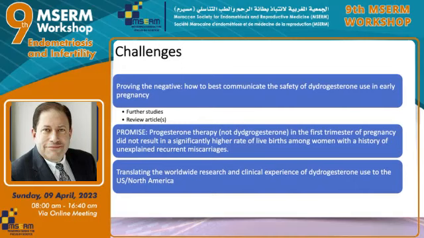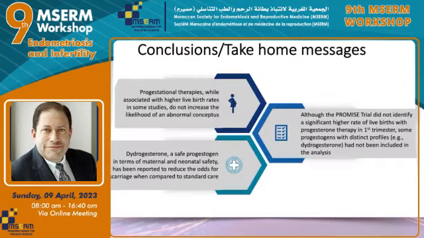And again, the important issue here is that while the PROMISE trial, the trial I showed you in the New England Journal, showed no increased risk of adverse or decreased risk of adverse outcomes, that particular trial did not include dydrogesterone, primarily because dydrogesterone is not approved in the United States, and that was mostly a U.S. trial. So it's important to translate the worldwide research and clinical experience potentially for eventual use in the United States.